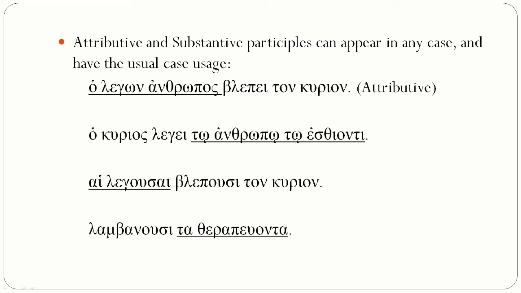The entire sentence then would be the person who is speaking blepe ton kurion. Okay, blepe is to see, so the person who is speaking sees, and then ton kurion is in the accusative case. That gives you the object of the seeing. So the person who is speaking sees the Lord.